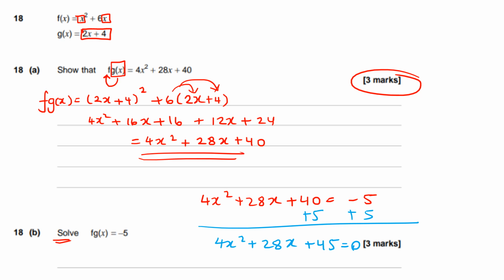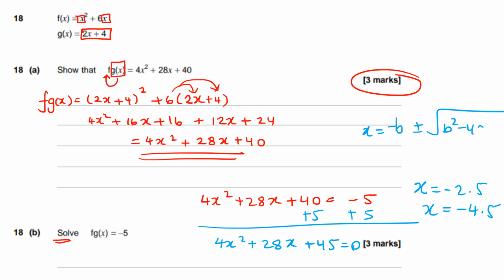Okay, and when you do that, you will be able to find out your x to be -2.5 and your x to be -4.5.